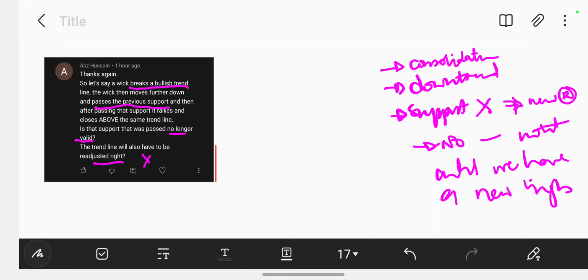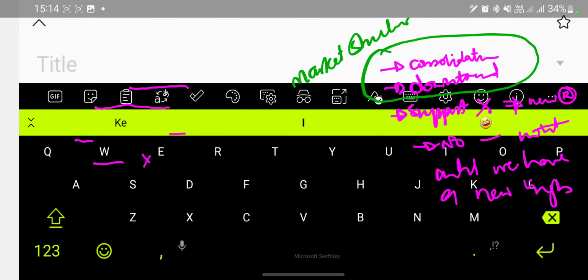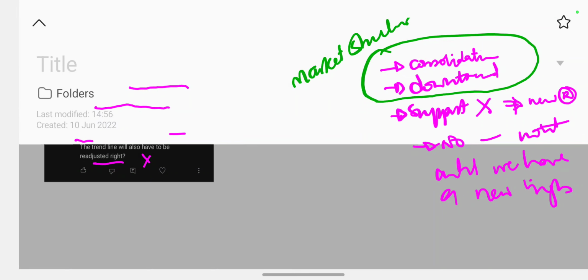You shouldn't confuse yourself. These concepts must connect, especially this one. This is a very, very key concept: market structure, or the trend.